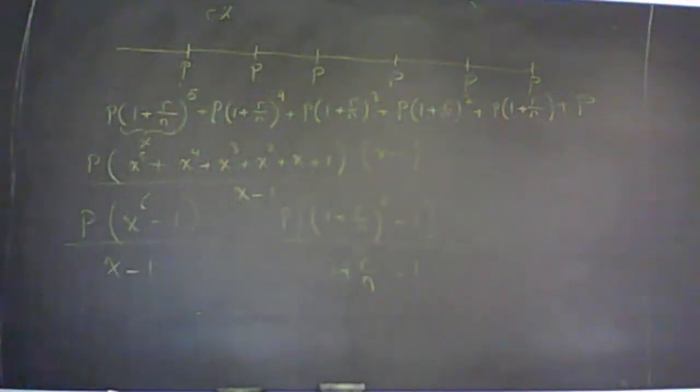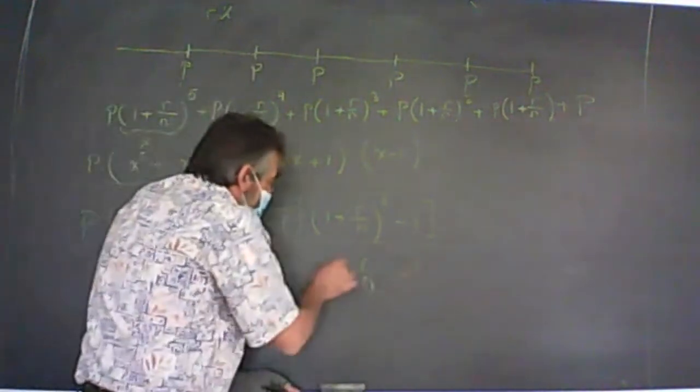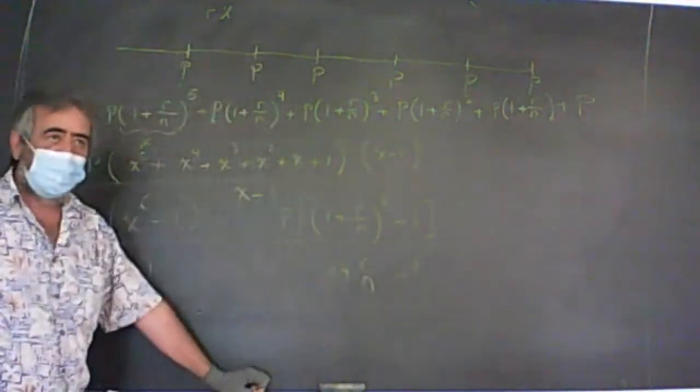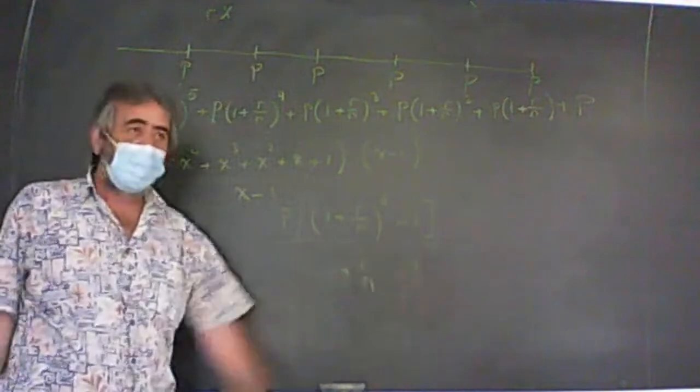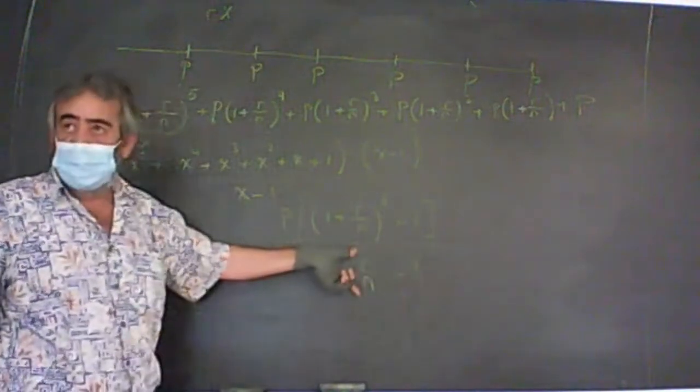Isn't that what this is? And now notice what happened with these two ones. 1 minus 1 is 0. What's left? R over N.